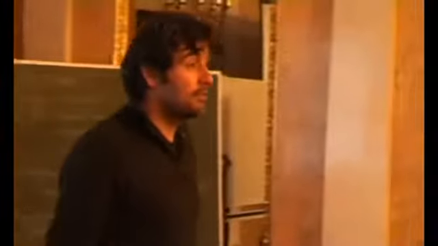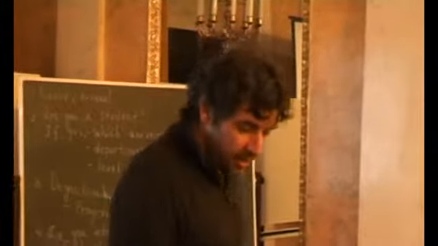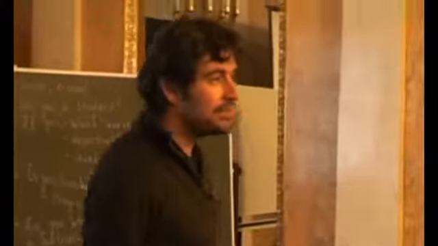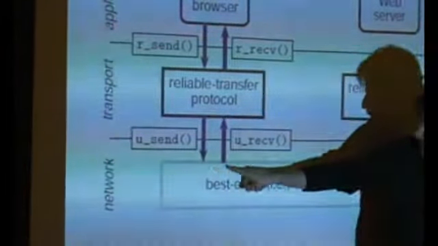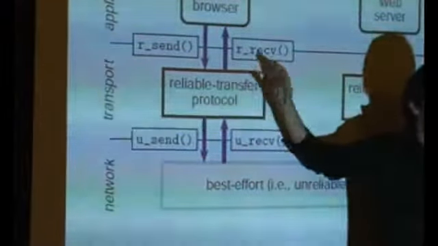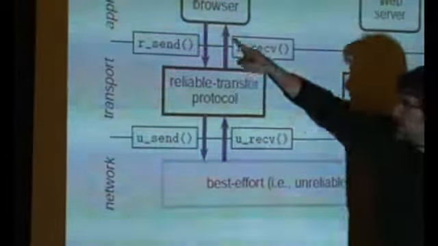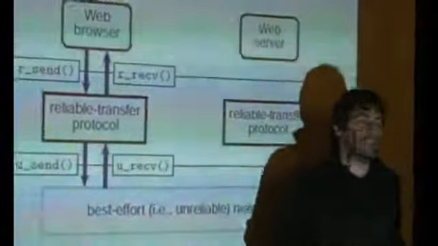What's the difference between reliably delivered data and simple data? Well, guess what? Because underneath that there's going to be an unreliable send and an unreliable receive. It's just to distinguish these two. This is called by the network to the reliability service, to the transport. And this is called by the transport to the web application.